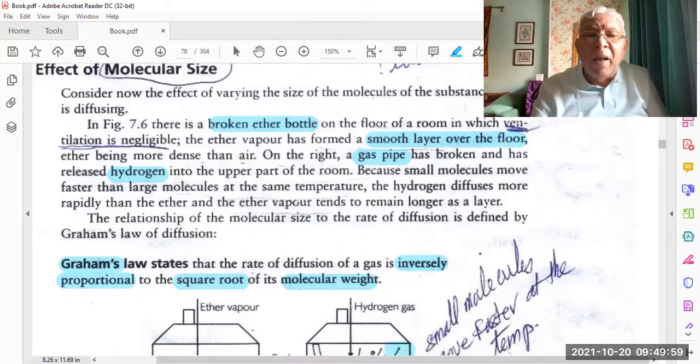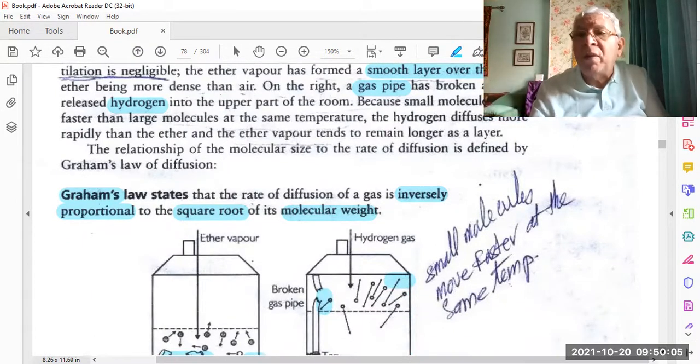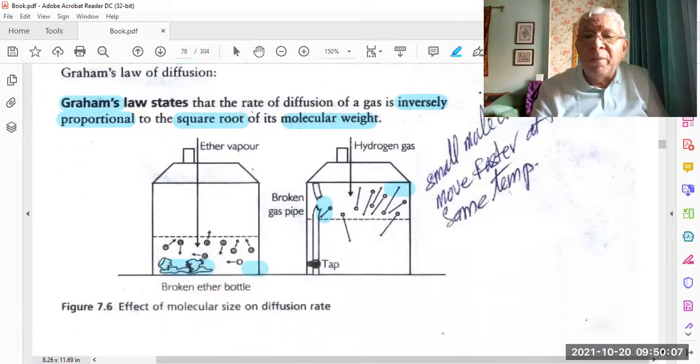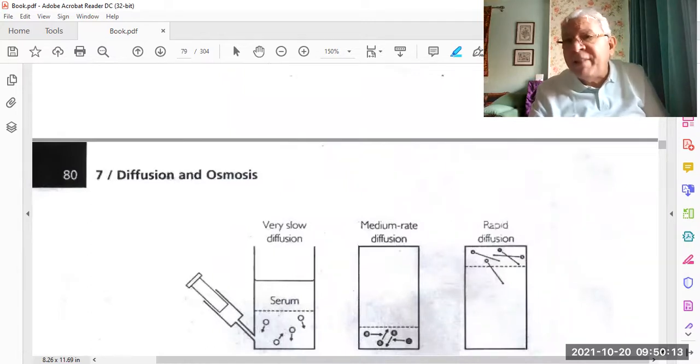So Graham's law states that the rate of diffusion is inversely proportional to the square root of the molecular weight. So carbon dioxide will diffuse less than oxygen, because its molecular weight is 44 but that of oxygen is 32.